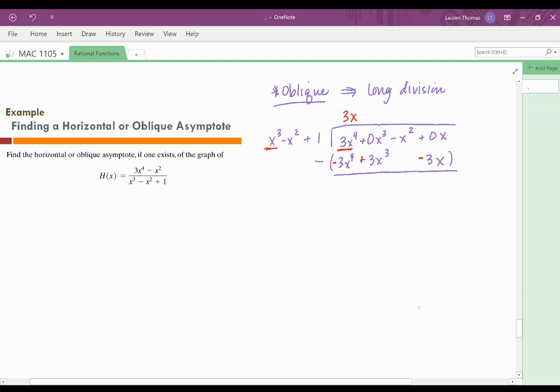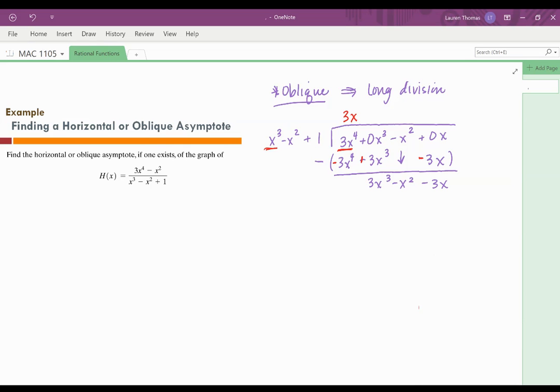They cancel. I have 0x cubed plus 3x cubed. That's 3x cubed. This negative x squared is going to drop down. And I have 0x minus 3x. That's negative 3x. Okay. I'm going to keep going. I know I can keep going because the degree in my divisor and the degree down here in my remainder, they're the same. So I can keep going.